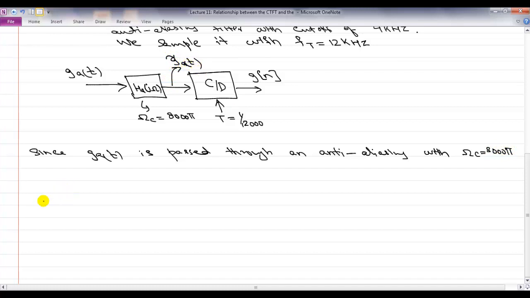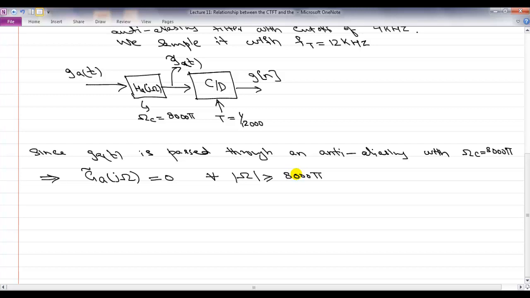So what does it mean that we have passed it through an anti-aliasing filter of cutoff frequency 8,000π? This means that the Fourier transform of g̃_a, G̃_a(jω), cannot have any frequency above 8,000π. We have low pass filtered it, so it cannot have any frequency above 8,000π. So this is equal to 0 for all ω greater than or equal to 8,000π. Right? That's the meaning of low pass filtering.